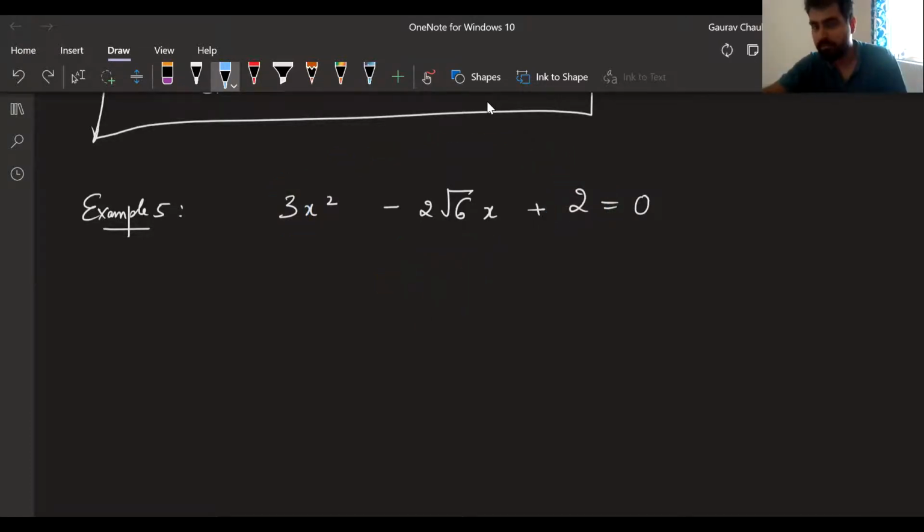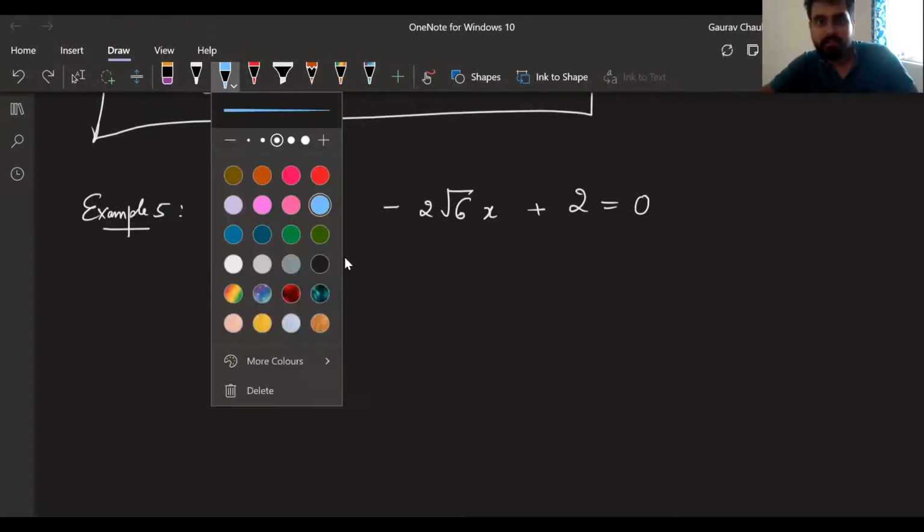Here we have root 6 and all. How to do that? And it is a part of our textbook, which means we should be able to do this. See, the logic is going to be the same, only prime factorization will not work here. That's all. A little bit innovative we have to become in understanding what's happening. Just be a little alert to what's going on.